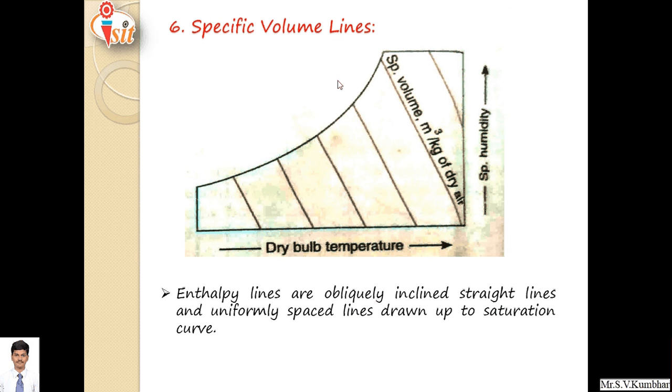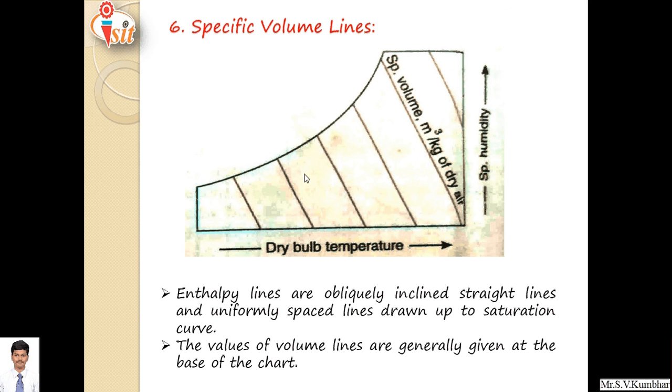Specific volume lines are obliquely inclined straight lines, uniformly spaced, drawn up to the saturation curve. The difference between specific volume lines and wet bulb lines is that wet bulb lines are non-uniformly spaced, but specific volume lines are uniformly spaced. The values of the volume lines are given at the base of the chart.